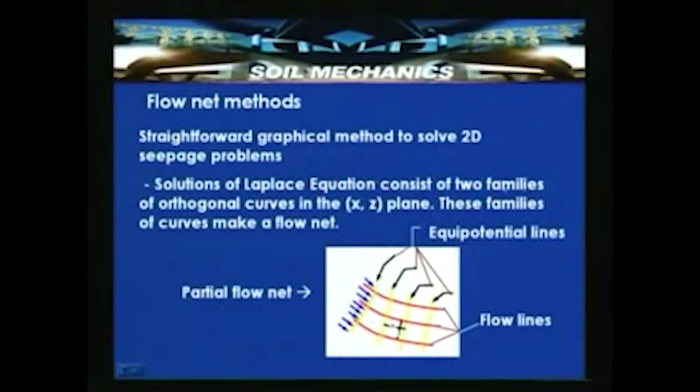The family of these equipotential lines and flow lines is said to be a flow net, which is used for solving seepage problems in the two-dimensional case. So, solutions to the Laplace equation consist of two families of orthogonal curves, called equipotential lines and flow lines, which put together in a network is called a flow net.